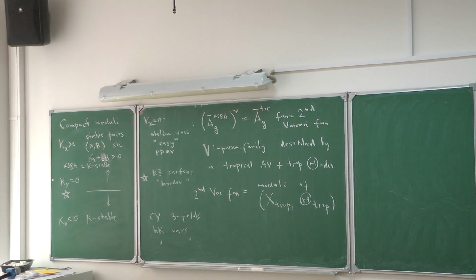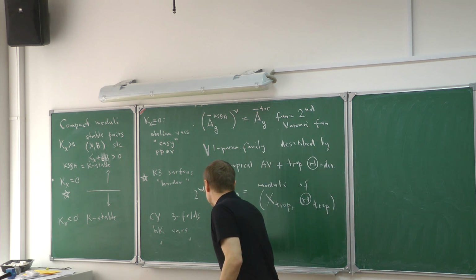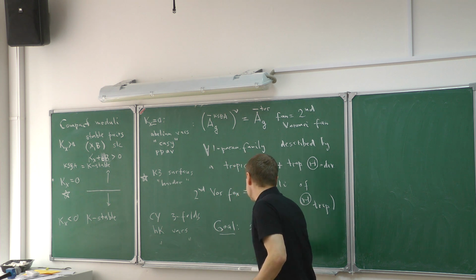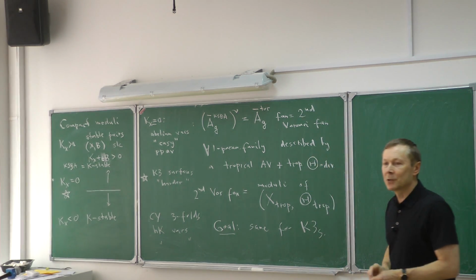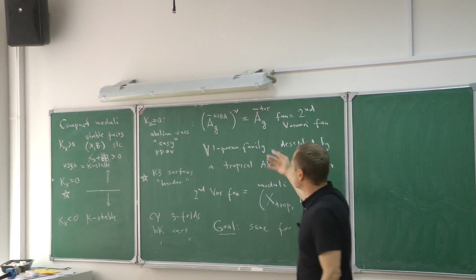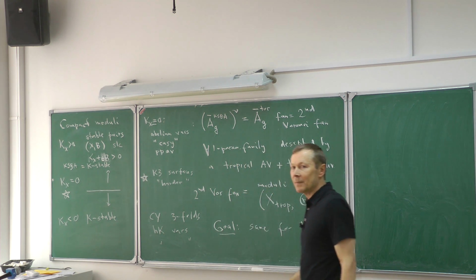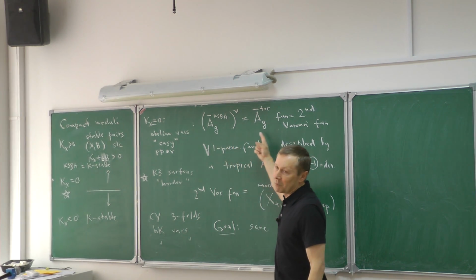divisor. So the goal is what I want to do. The goal is to have the same for K3 surfaces. So what I want is this moduli compactification. I want to understand that compactification, or maybe the normalization of it.